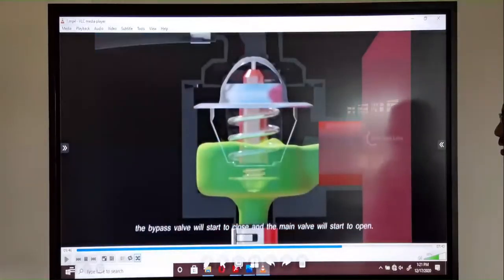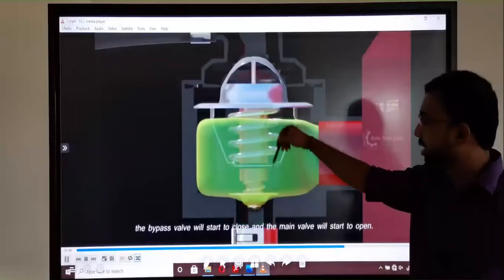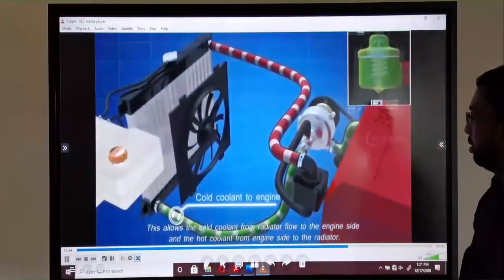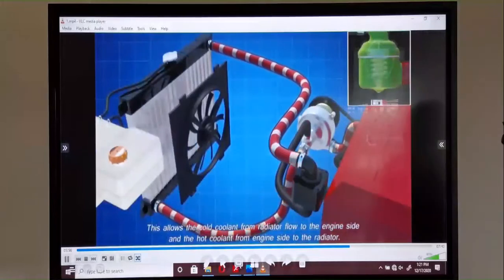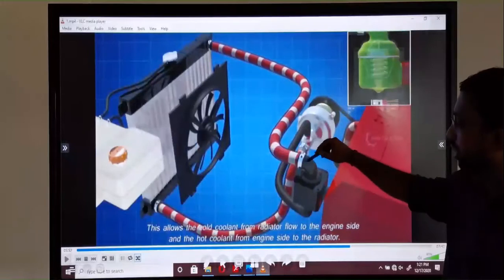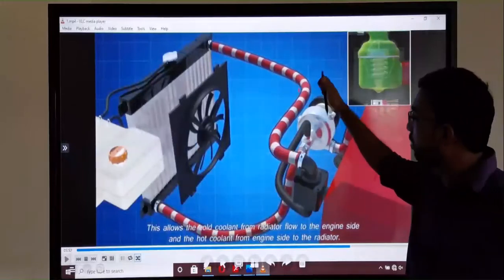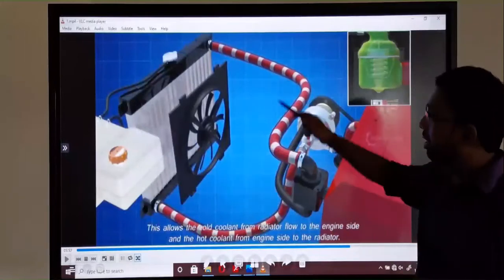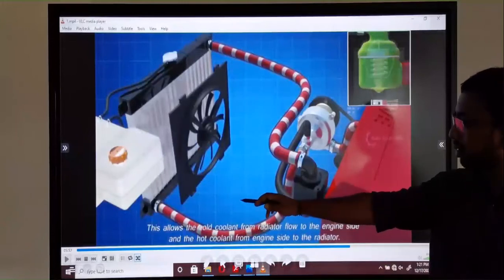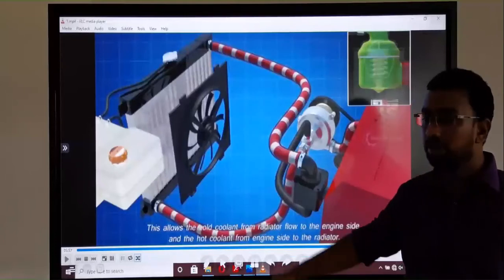So here you can see, when the temperature increases, this lever is moved downwards, so this valve is open. Now you can see this main line is open, so the coolant flows through this line to the radiator, and here this is the intake line from the radiator.